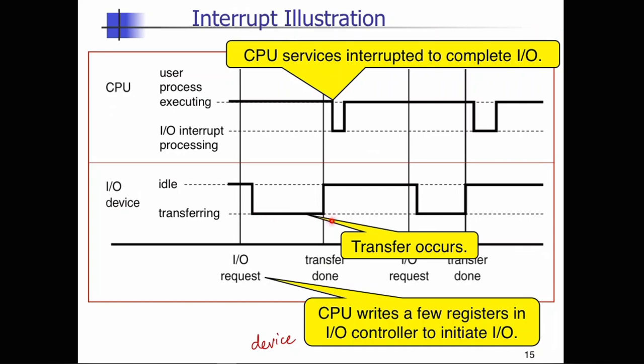It's going to transfer some information between the local buffer and the device. Then it's going to ask for the CPU's attention to process that I/O interrupt. So during that short time, the CPU is going to be busy processing the interrupt, but the rest of the time it is executing the user process.